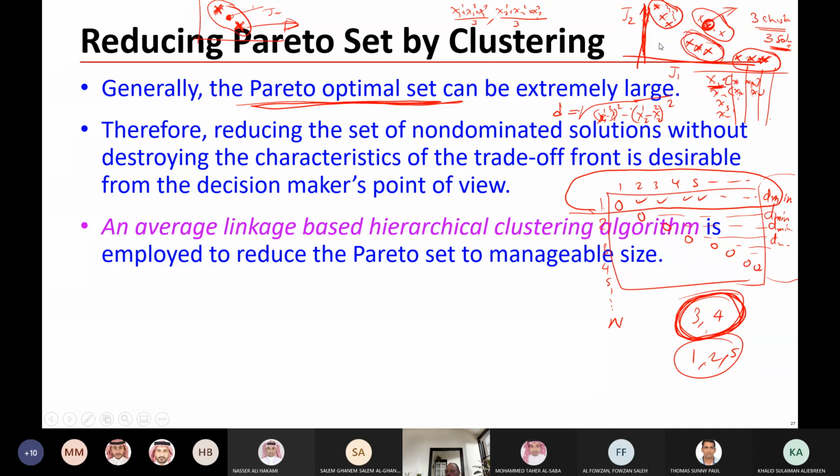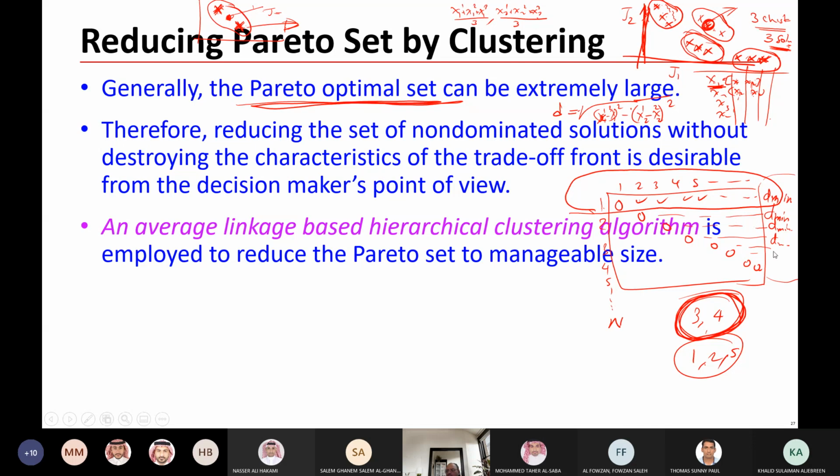Each solution represents a cluster. And when you get the minimum of the minimum here, and you find out 3 and 4 have a minimum distance, you combine 3 and 4 as a cluster. So we have now 8 clusters. So we have 8 distances here.